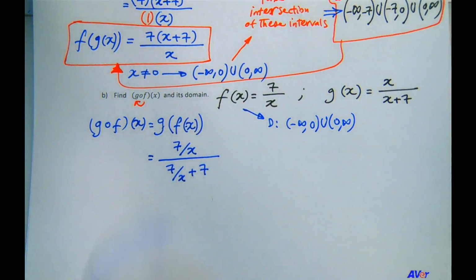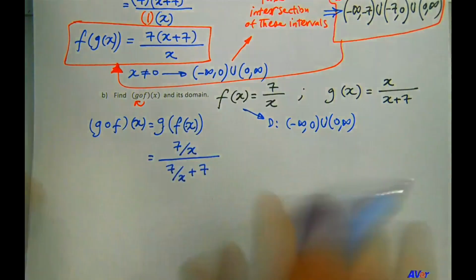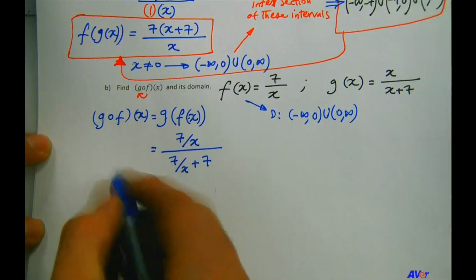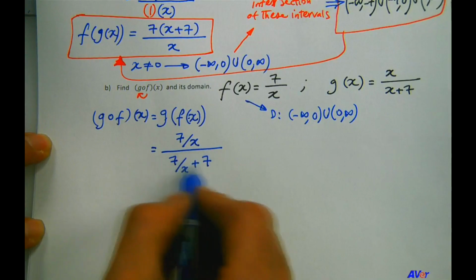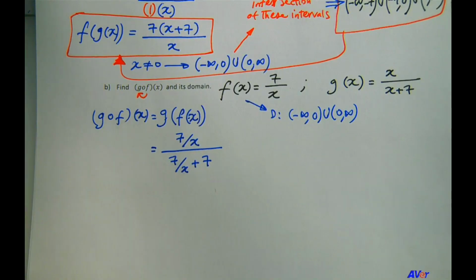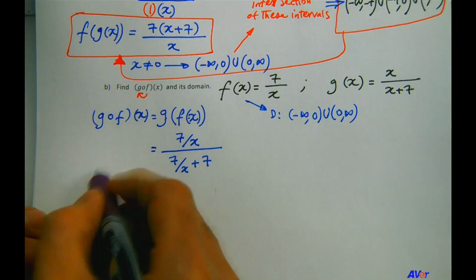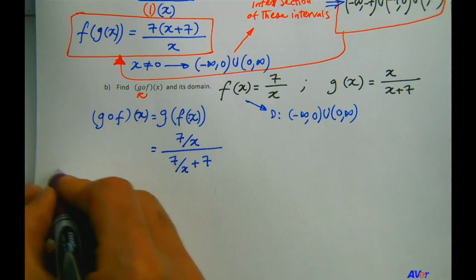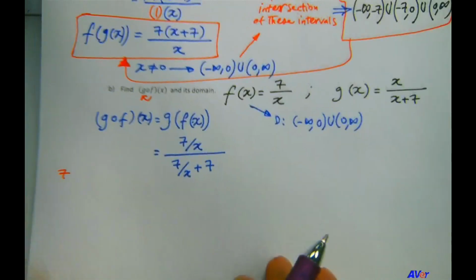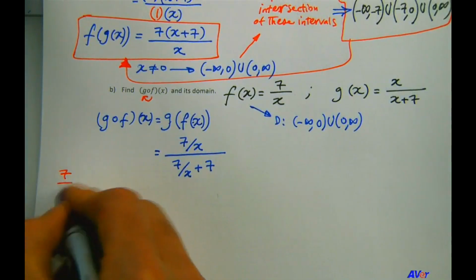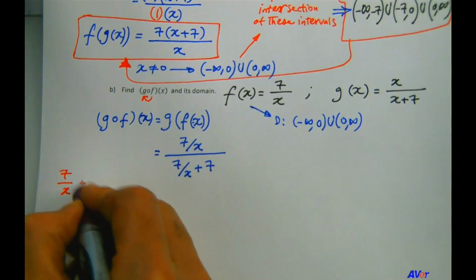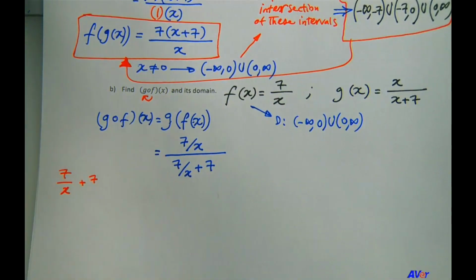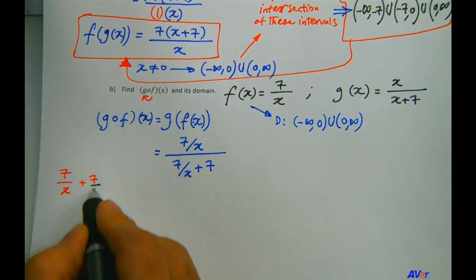Okay? We're not done yet because we need to simplify this, right? So let's do that. So I'm going to take the common denominator here. So this common denominator, 7 over x plus 7. The denominator here is 1.